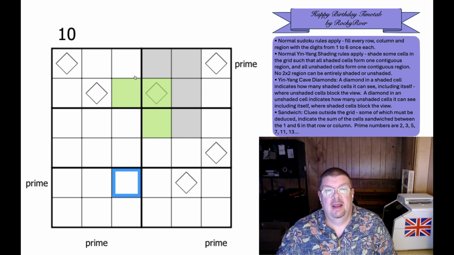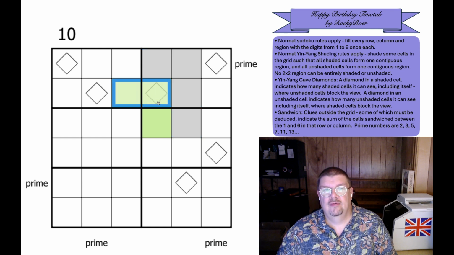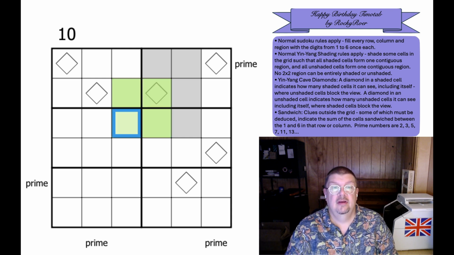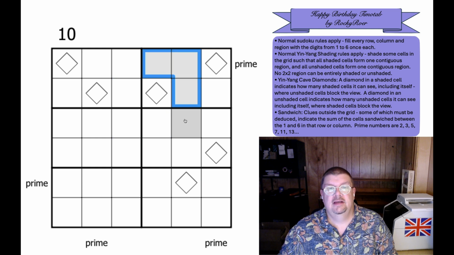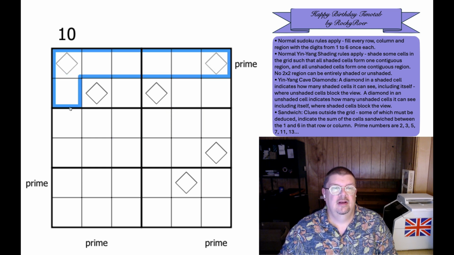Now, what it means to be a contiguous region is that all of the gray cells are going to be connected together, all of the green cells are going to be connected together, and I'm also not allowed to put a 2 by 2 region in there. So actually, a good example might be something like this.